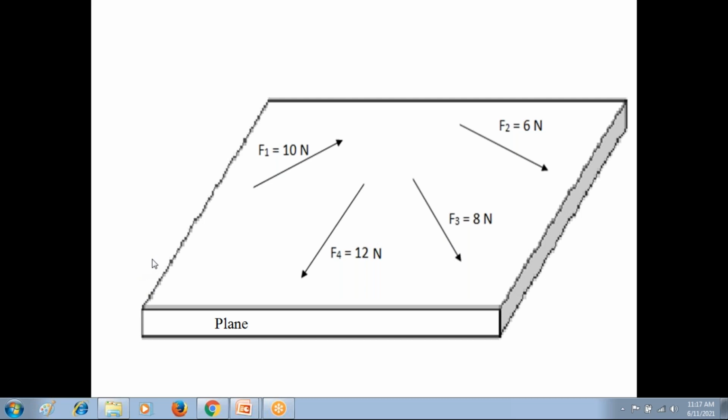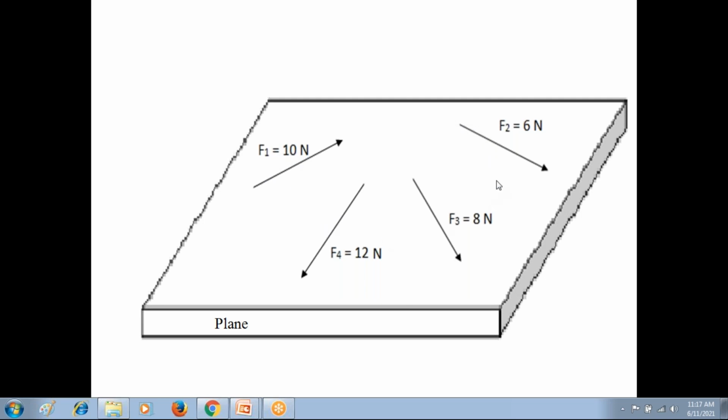For example, if I draw a straight line on this plane, and all forces are acting on the same straight line, we call that force system a collinear force system. So the collinear force system is also a coplanar force system, but the coplanar force system need not be collinear.